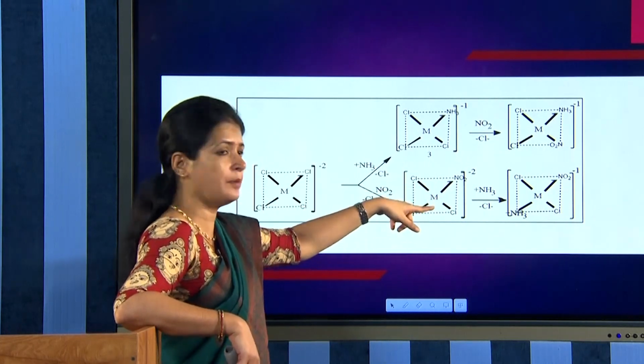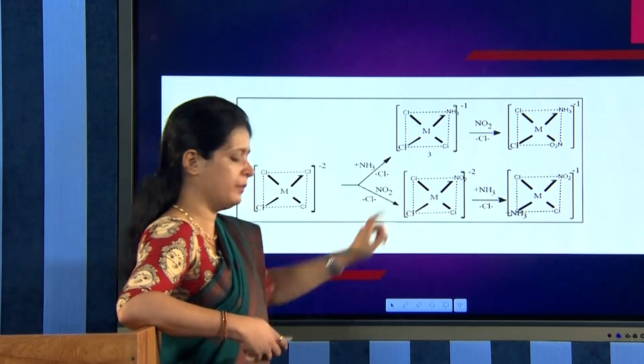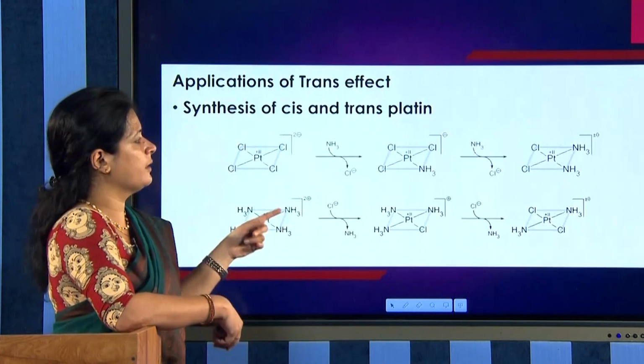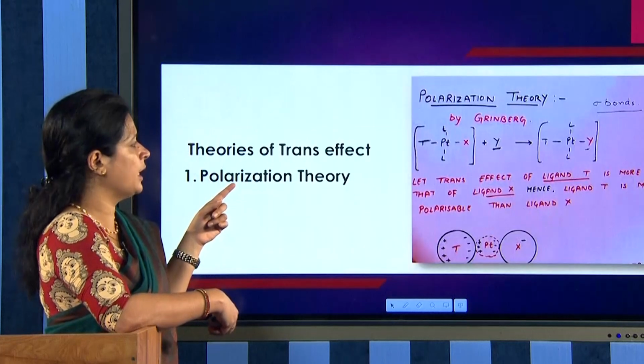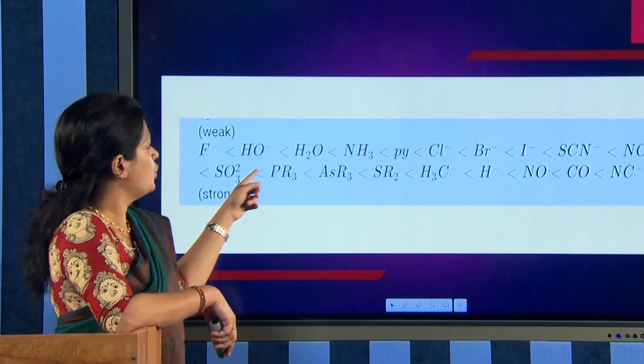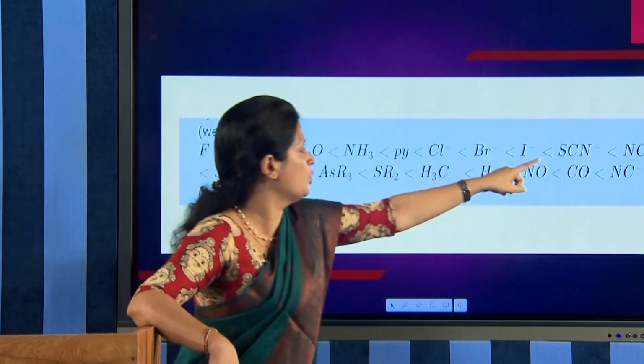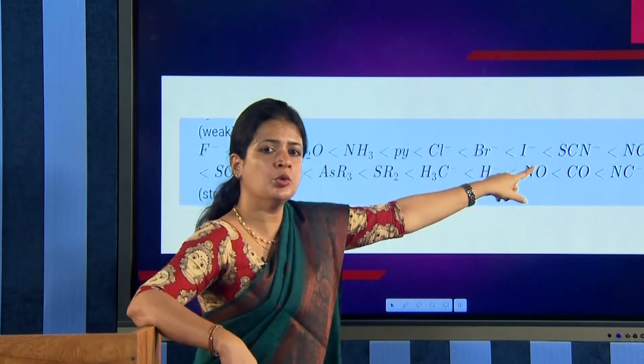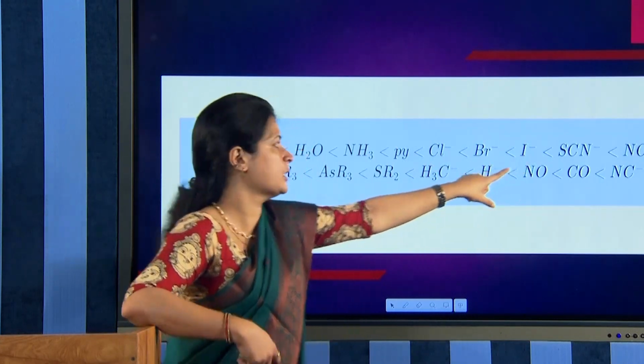Which are the types of ligand? It is NO2 and Cl minus. Which has the greater trans directing ability? NO2 has the greater trans directing ability.